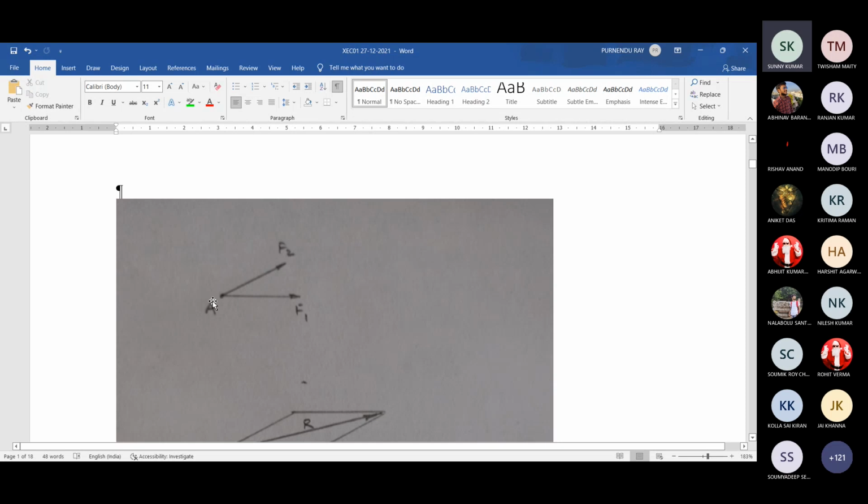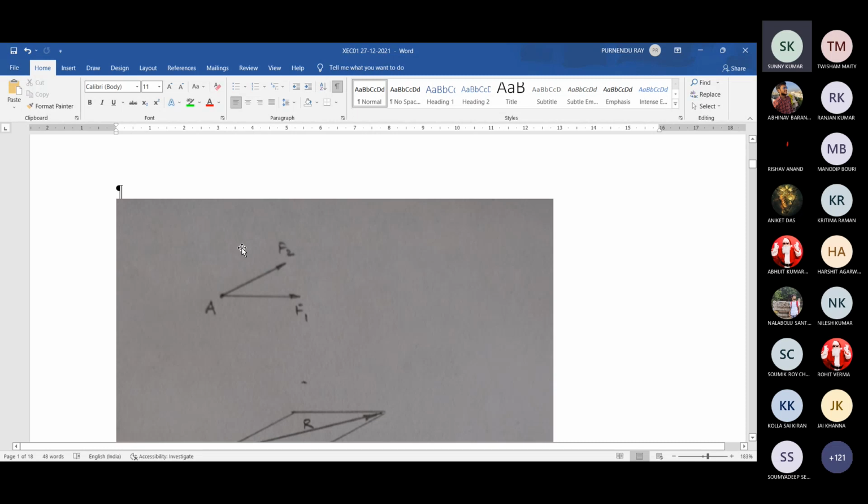Suppose F1, F2, and F3, these three forces are acting, and they are giving a closed vector polygon, that is a force triangle. From that force triangle, you can draw F1 plus F2 plus F3 equal to 0, and there you utilize the sine law.